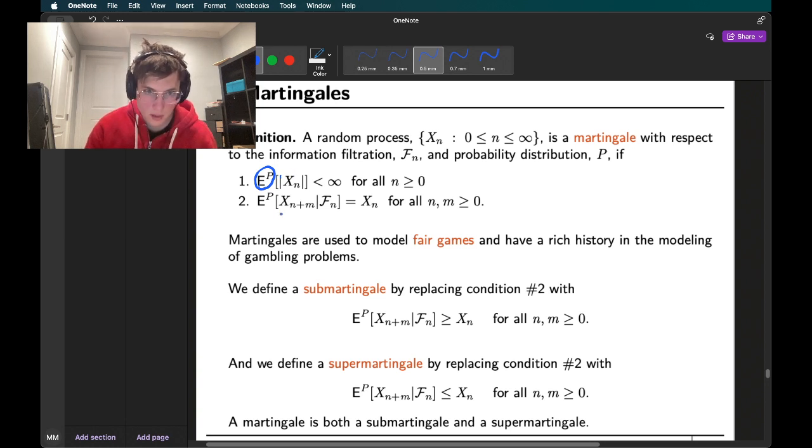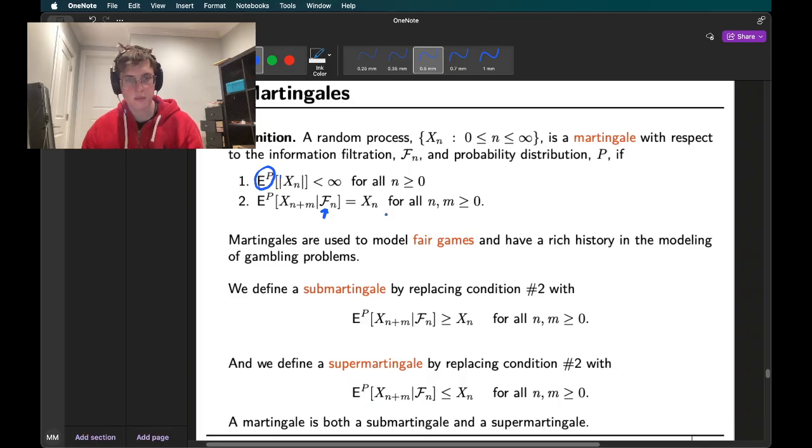So let's go to the second condition. This is saying that the expectation of X_{n+m}, so the random variable X at a time in the future, n plus m, given F_n, which is supposed to represent a filtration, so it's all the information we have available up to time n, is equal to X_n.